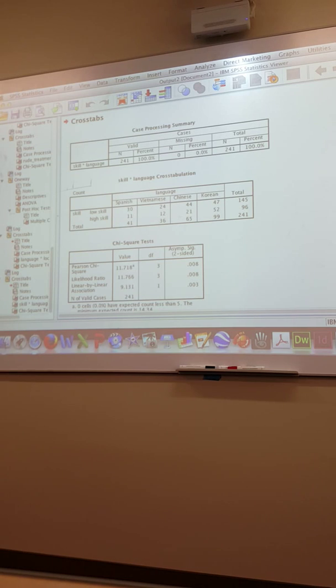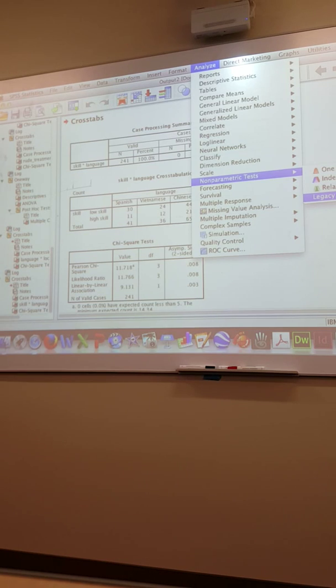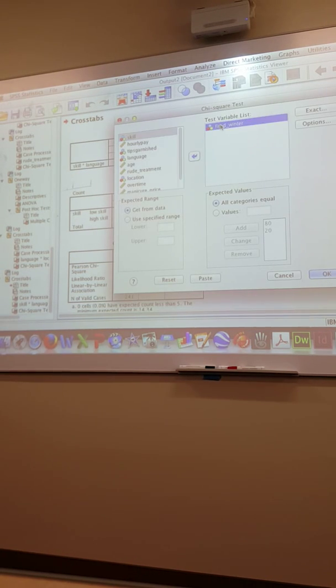All right, number 13. What kind of test? Goodness of fit. What's our variable here? Language. Were there equal proportions of each language group? So what's our expected?